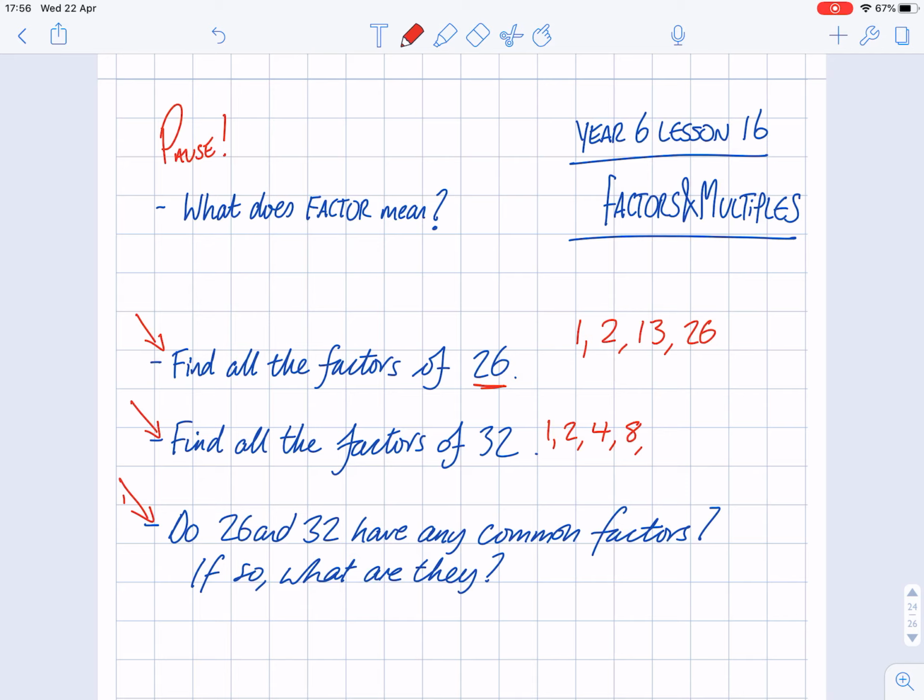And the next one would be 16, and that's half of 32, so I can go straight to 32. The factor pairs are 1 and 32, 2 and 16, 4 and 8. Did they have any common factors? There's only 2, 1 and 2.